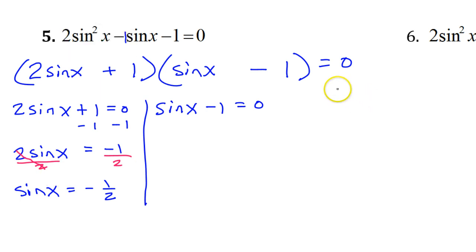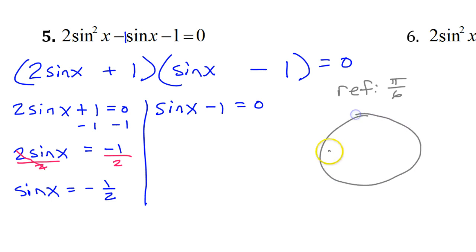So let's do a quick sketch. So we have the reference angle is pi over 6. So if I just do a sketch of that, okay, there's pi. Here's pi over 2. And there's pi over 6.